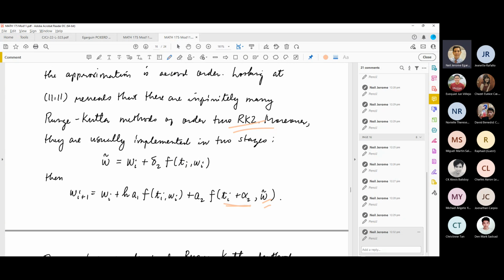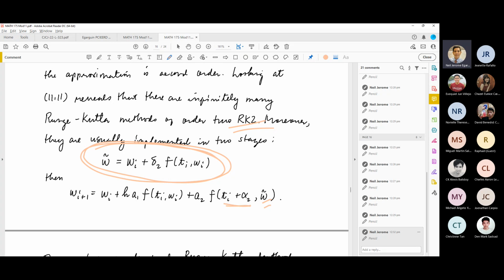Just to have a nicer implementation, una natin kino-compute ito, yung w tilde. Tapos masasabi nyo, si w tilde mukhang kamukha yan ng Euler's method. Kasi ito yung nakukuha nating approximate on the ith time step using Euler's method of step size delta 2. Alright?